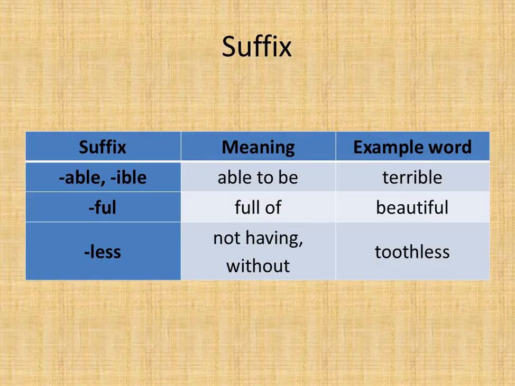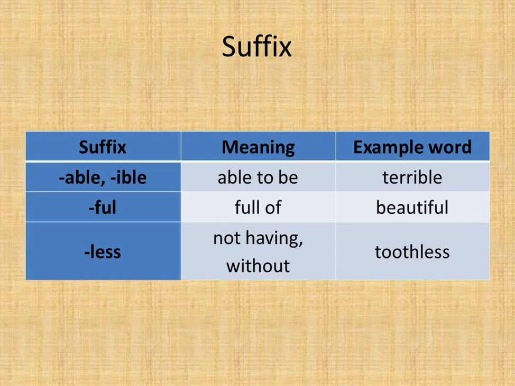We also have suffixes, and we said that suffixes are a group of letters we add at the end of some words. So for example, able or ible means able to be. Terrible or acceptable.